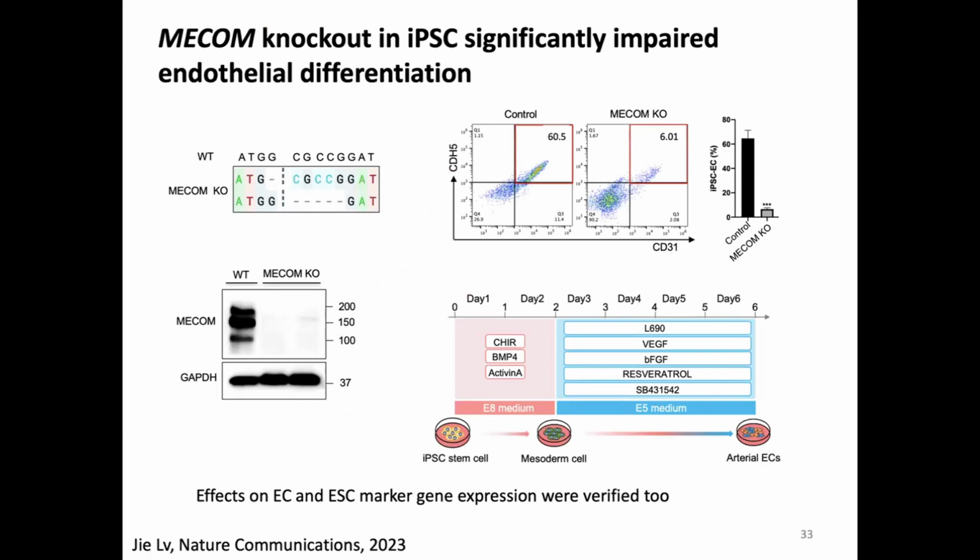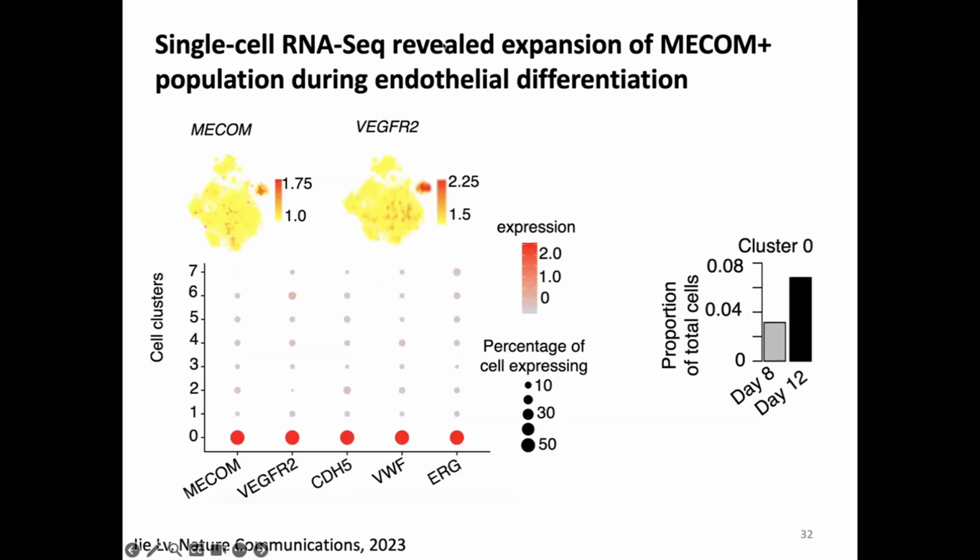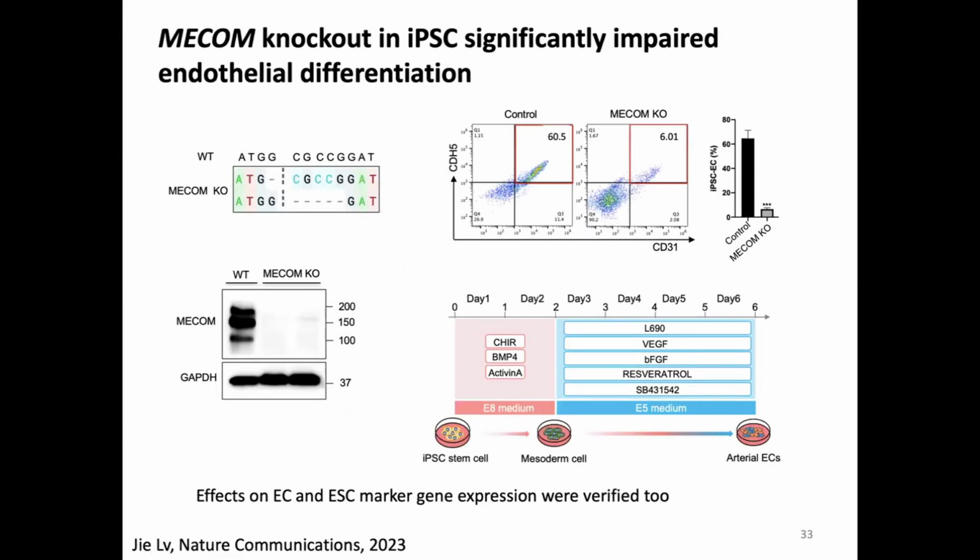So then we performed the knockout of MECON in iPSC cells to perform differentiation experiments. You can see that both the DNA sequence and the Western blot indicate the MECON expression has been knocked out.